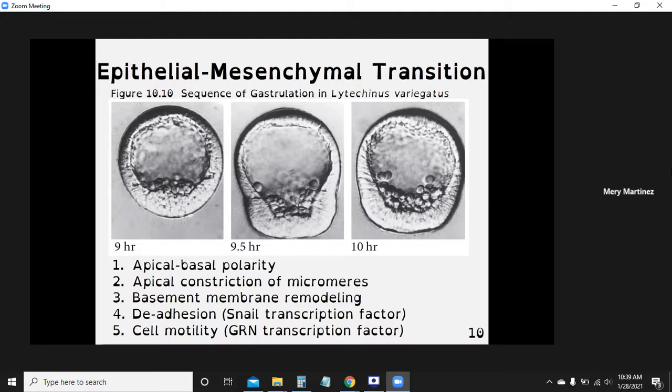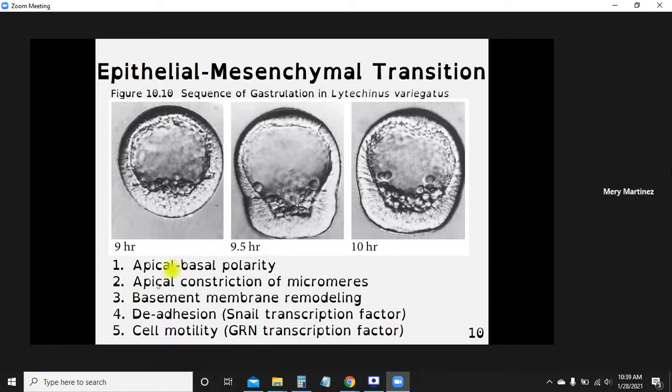So they lose connection due to this SNAIL transcription factor that is expressed in the vegetal plate, and then cells are losing the connection. And then there is cell motility. We have a transcription factor network called the GRN, the gene regulatory network, that activates proteins that promote cell migration to the blastocele.